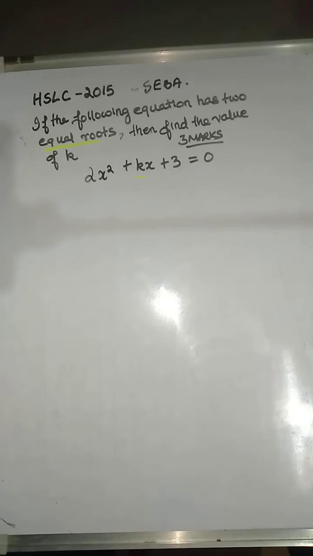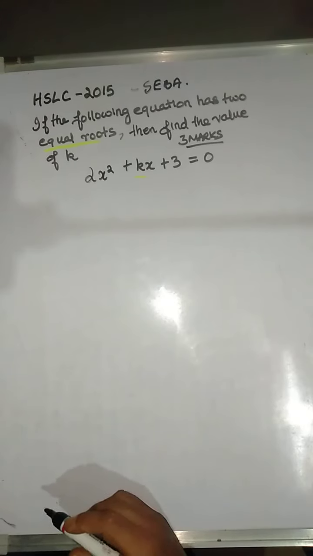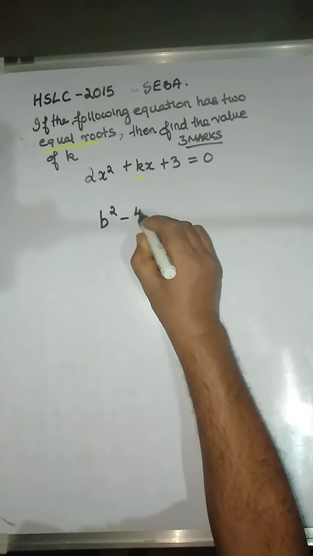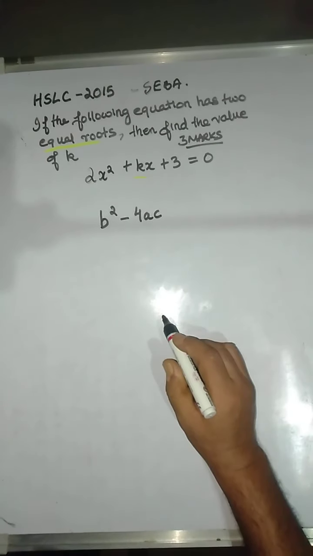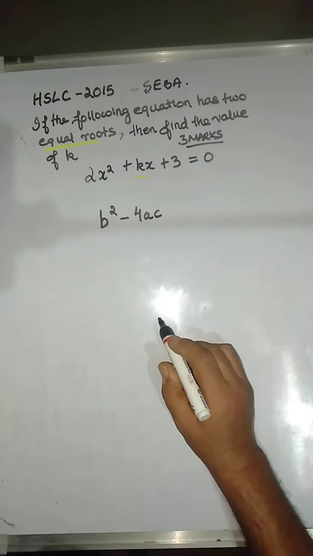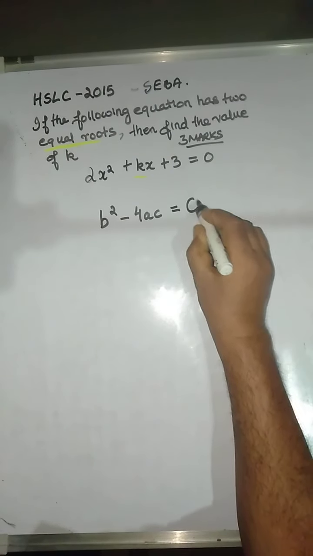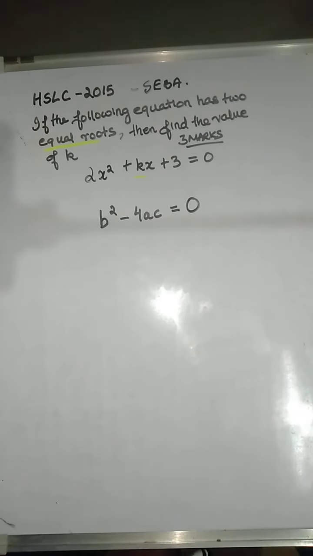You need to know beforehand that the discriminant is b squared minus 4ac. If it has equal roots, then b squared minus 4ac should be equal to 0. Then you will get two equal roots. That is the clue.